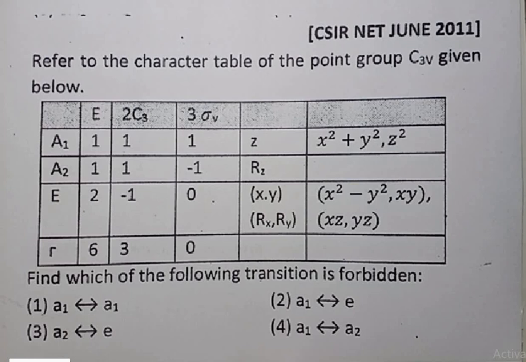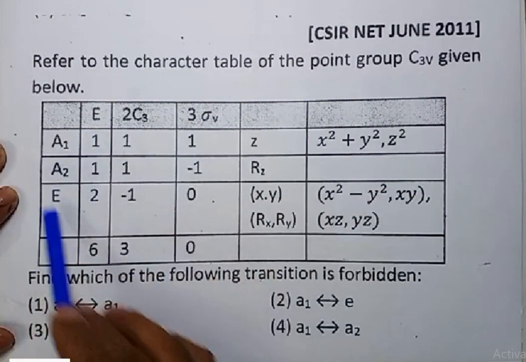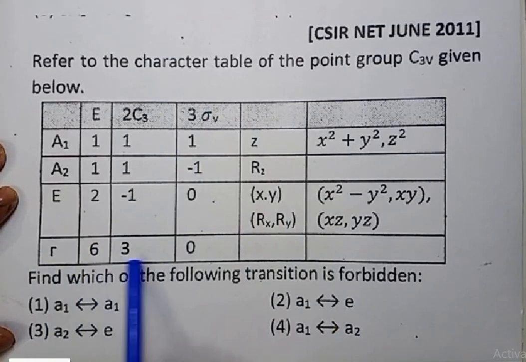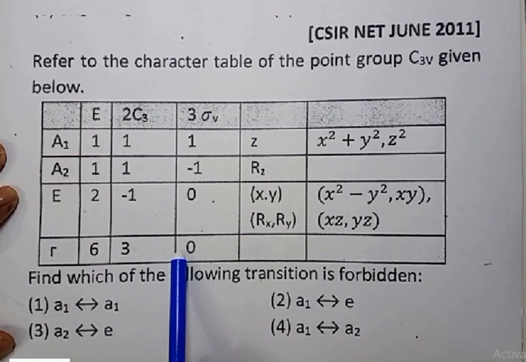This is the next question, which appeared in 2011 June. This is actually an application of group theory in spectroscopy. A character table for C3v is given and a reducible representation is also given here.